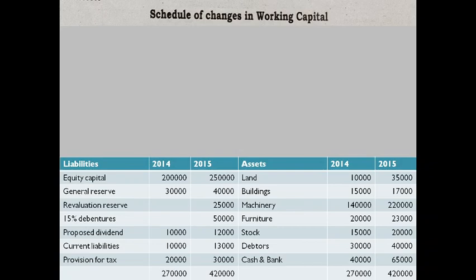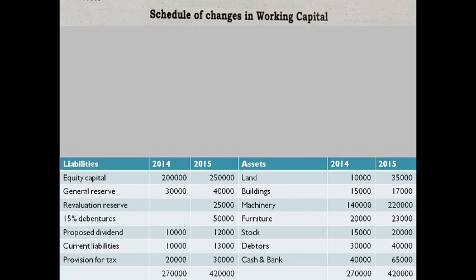For your convenience, whenever you are preparing a fund flow statement, you need not worry about additional information while preparing the schedule of changes in working capital, except in one case. Sometimes in the adjustments they might ask you to treat some specific items as current asset or current liability.